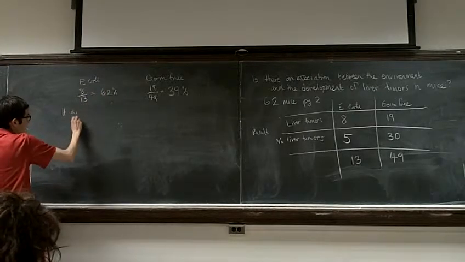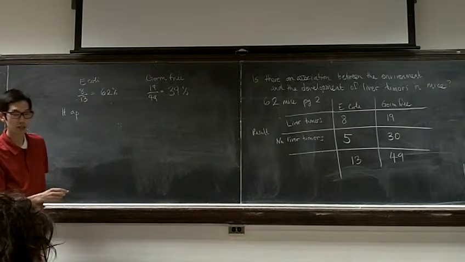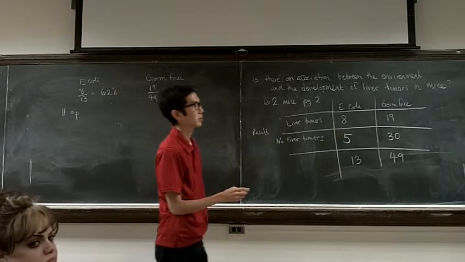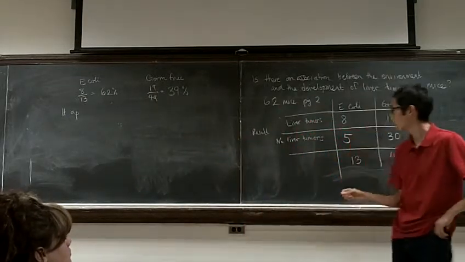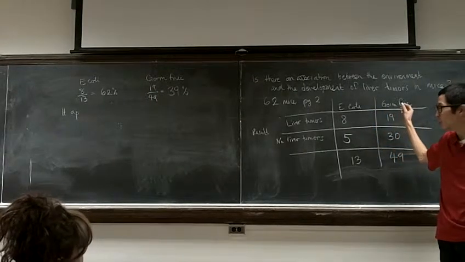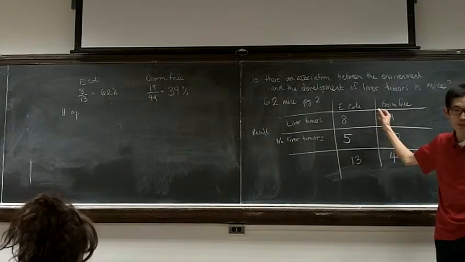Is the assumption that all of the conditions are the same? Huh? I said, is the assumption though like that all the conditions are the same? Oh, conditions, what do you mean by other conditions? Other than E. coli and germ-free. Yeah, so if you're gonna do a study, okay, we'll talk about a proper experiment here, okay?